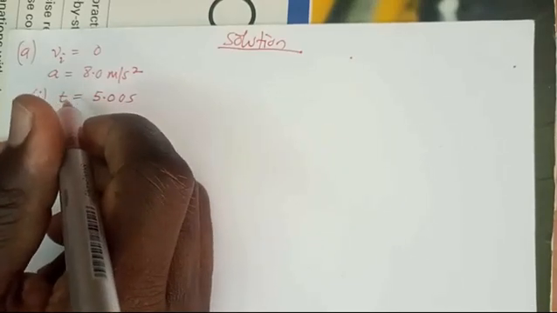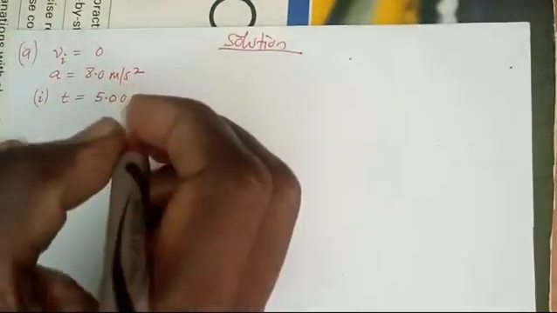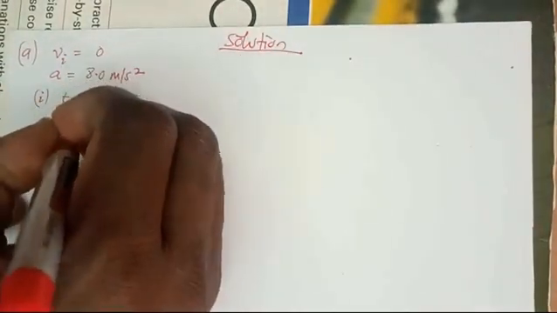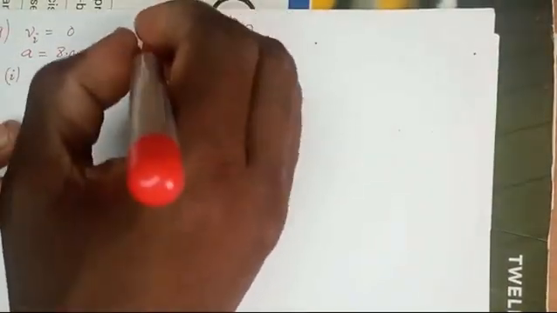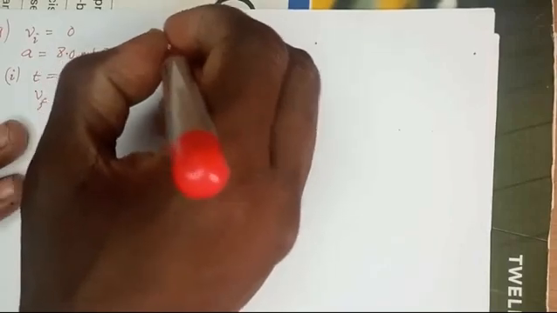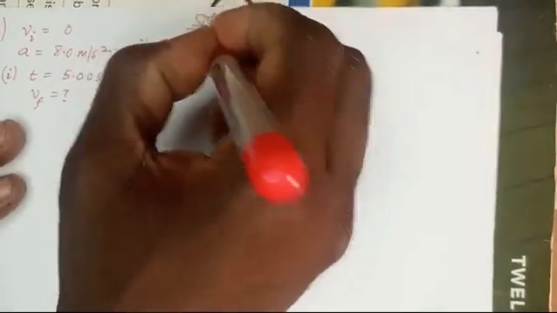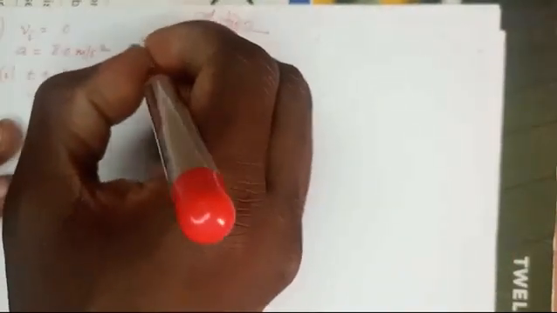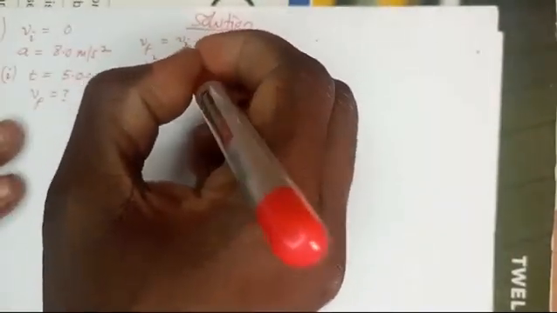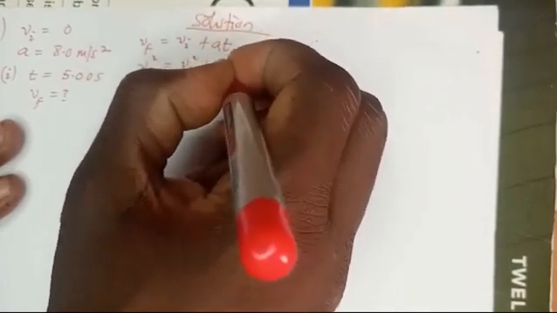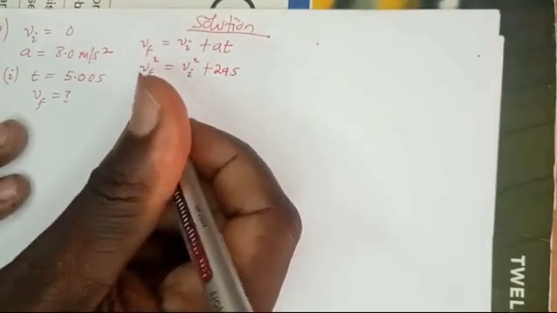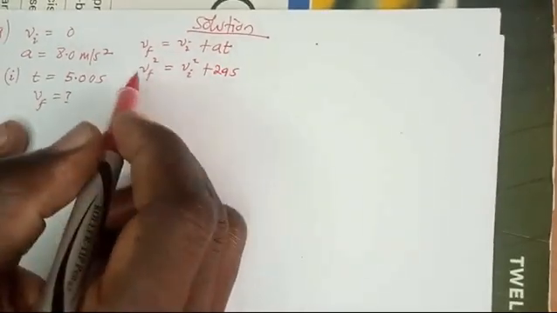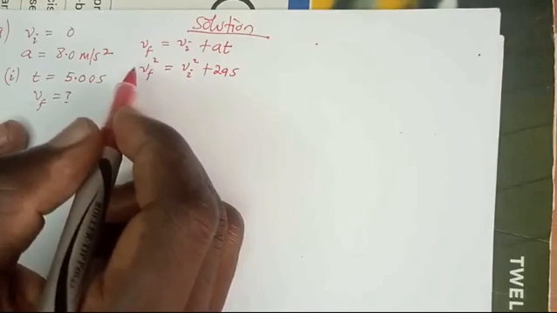To find the final velocity you need one of two equations: v sub f equals v sub I plus at, or v sub f squared equals v sub I squared plus 2as. But this s is the distance traveled, and we don't know that distance. Because we don't know the distance, we cannot use this formula to find the final velocity.